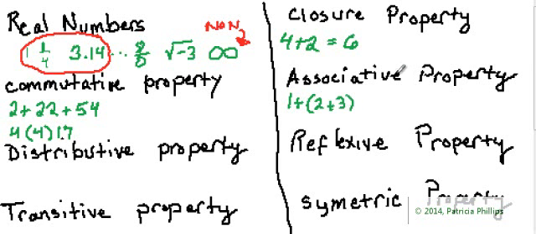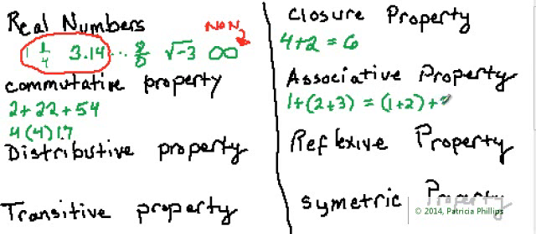Okay, 1 plus 2 plus 3 equals, and you can put this on your flashcard, your little practice cards if you're making them. The associative property simply states that these little parentheses do not affect the answer.